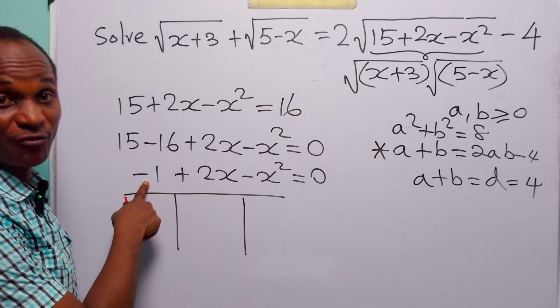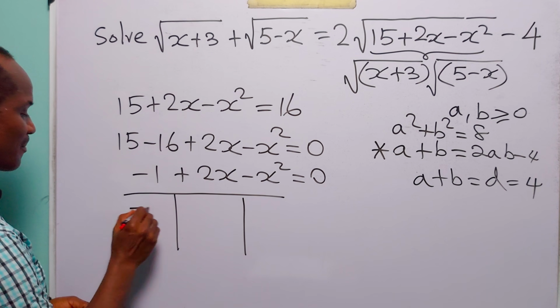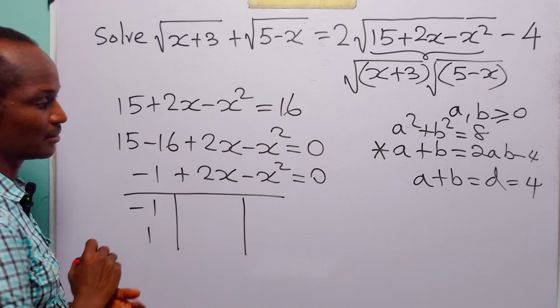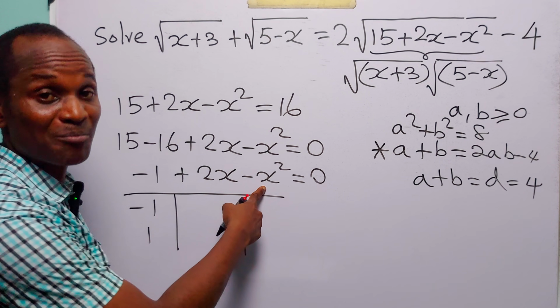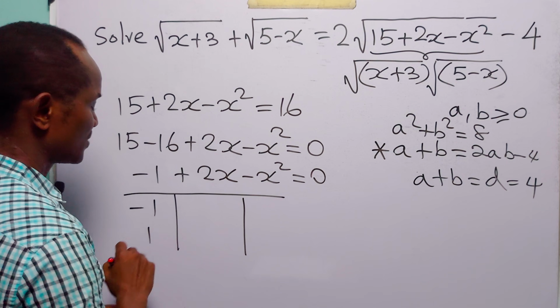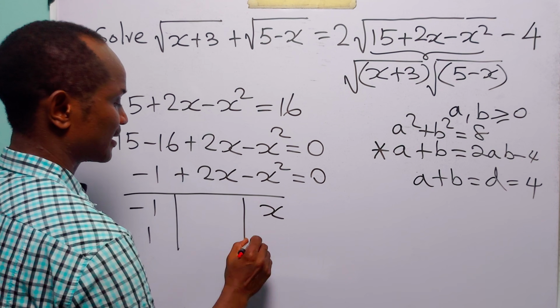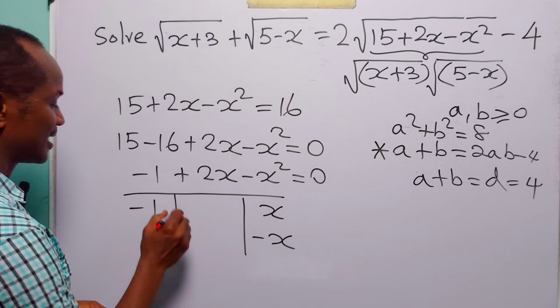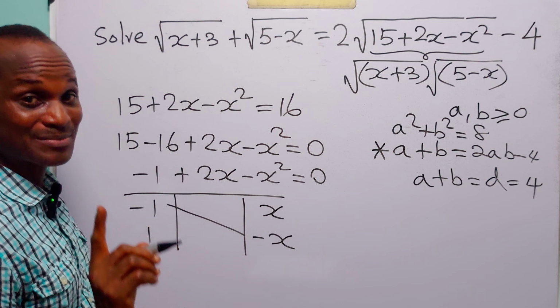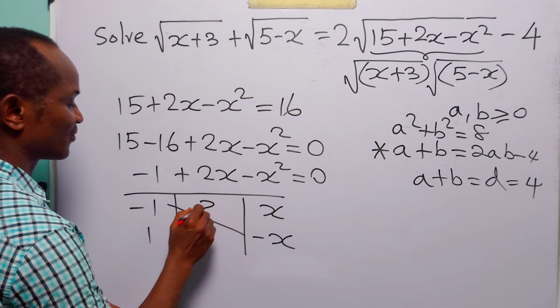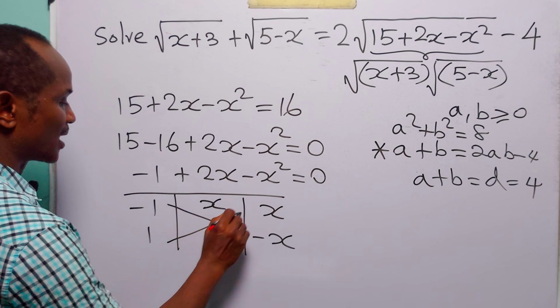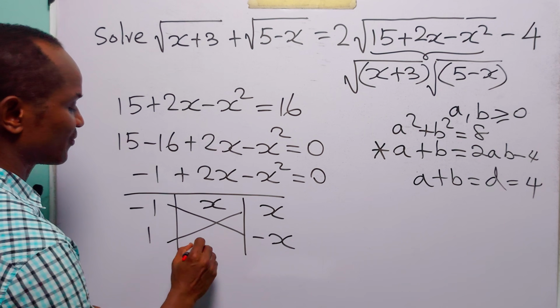What are the factors of -1? We have -1 and 1. What are the factors of -x squared? We have x and -x. Now, -1 times -x is going to give us x. 1 times x is going to give us x.